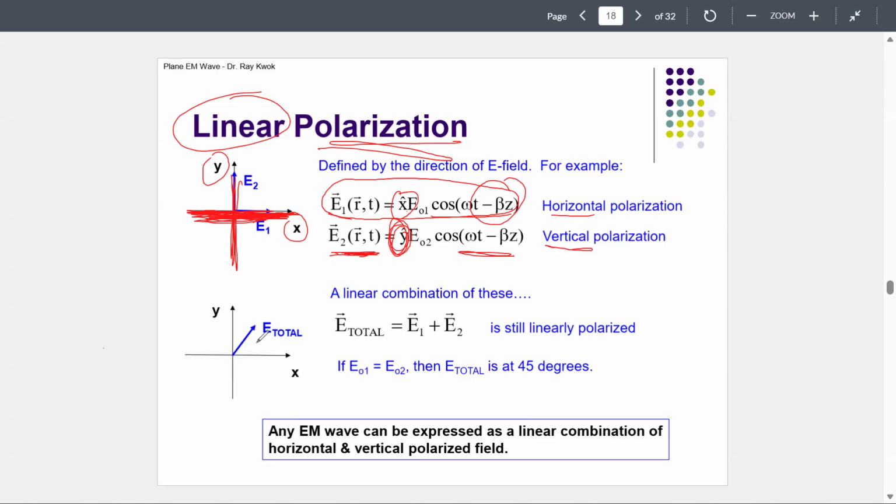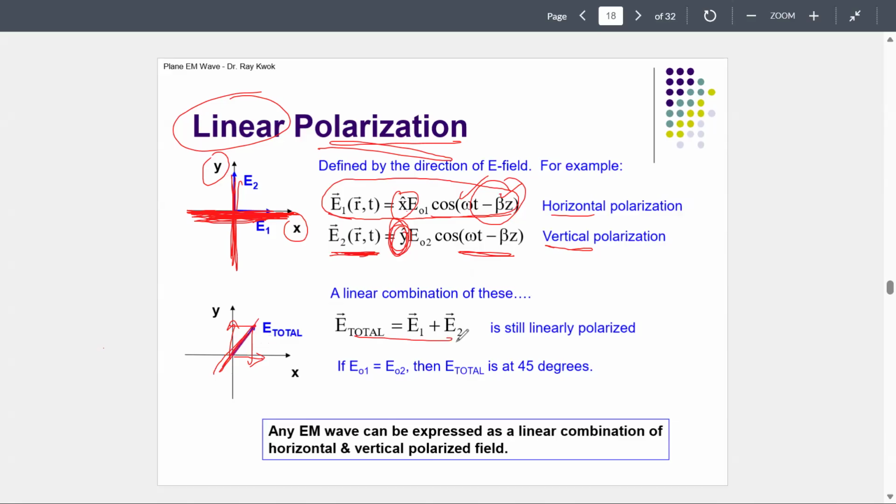So if I have a linear combination of these two linear polarizations, as long as the frequency and wavelength are the same and the phase are the same, it's like adding two vectors. I'm adding a vector along the x with a vector along the y. What do I get? I get a vector somewhat diagonal to the rectangle, right?